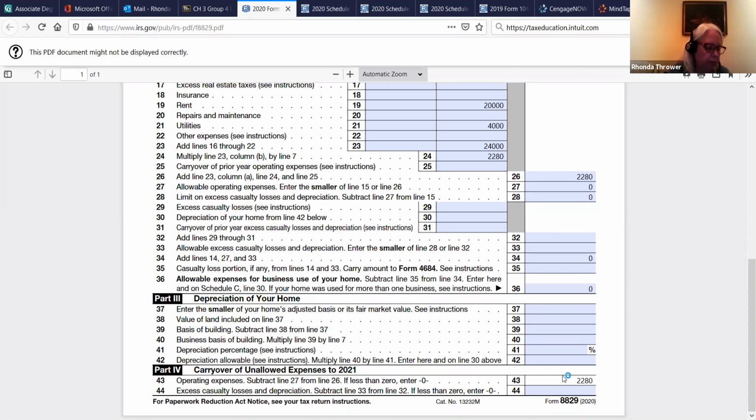See here. Hang tight with me for just a minute. Yeah, that's going to end up on your... nope, you can't take it because it says enter here and on Schedule C line 30.